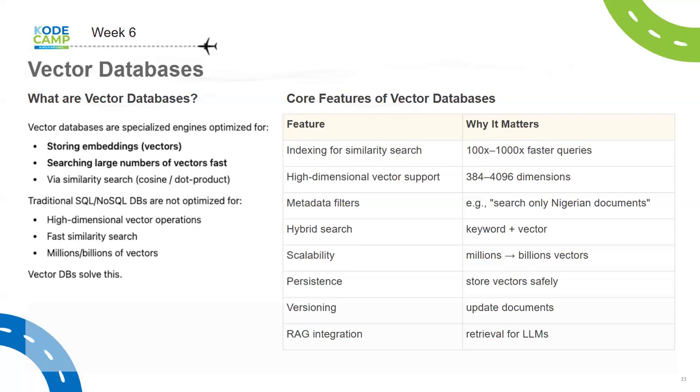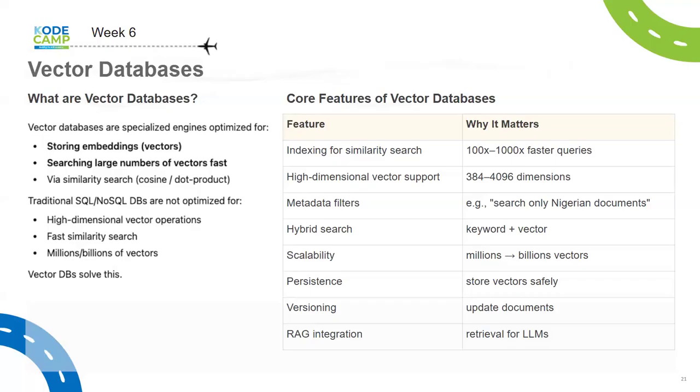So you find that the traditional SQL or NoSQL databases that we are familiar with are not optimized for that kind of workload. You can't do high dimensional vector operations on them. You cannot do fast similarity search, right?